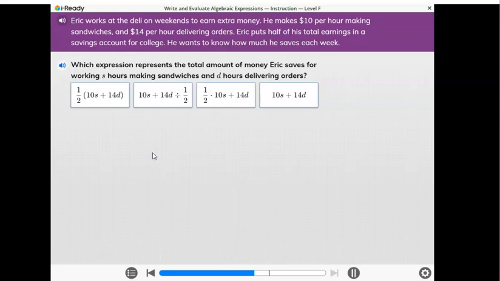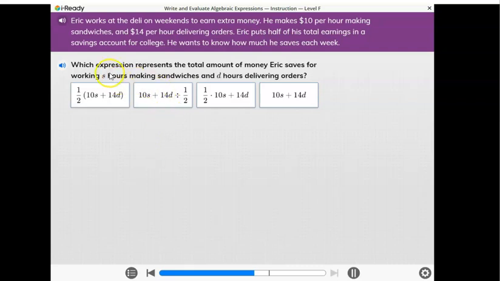Okay, so we have a problem where Eric is working at a deli to make extra money. He makes $10 per hour making sandwiches and $14 per hour delivering orders. And he puts half of the total earnings into the savings account.